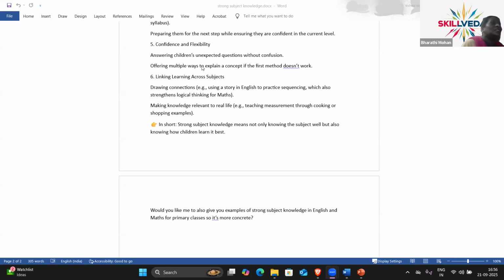You can say today you can go with your parent to a vegetable shop and find out what are the root vegetables there, what are the leaf vegetables, and note it down. Or today you go for a movie with your family, or go to a hotel and design a menu card, with your favorite dishes or the dishes your father ordered.